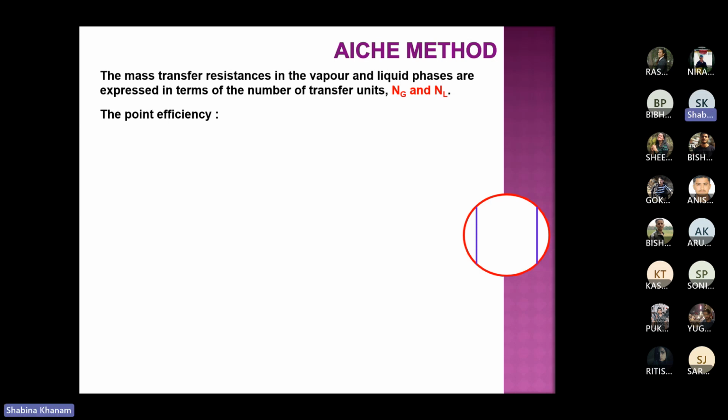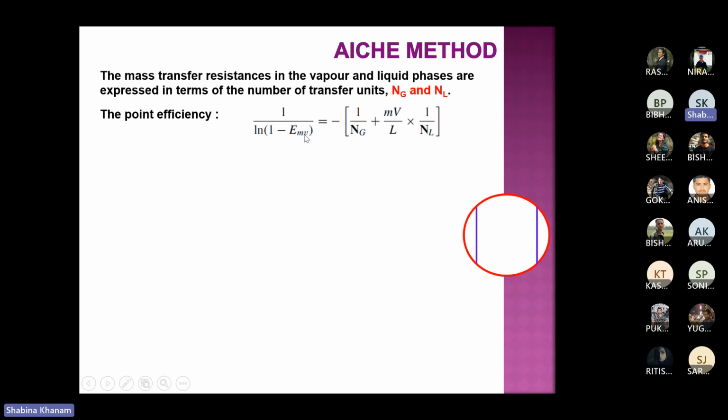Here first of all we will find the point efficiency, and then proceed to calculate the plate efficiency. The empirical correlation given here is for the point efficiency, which is EMV, and this v should be small for point efficiency. If this V is capital, it represents plate efficiency.